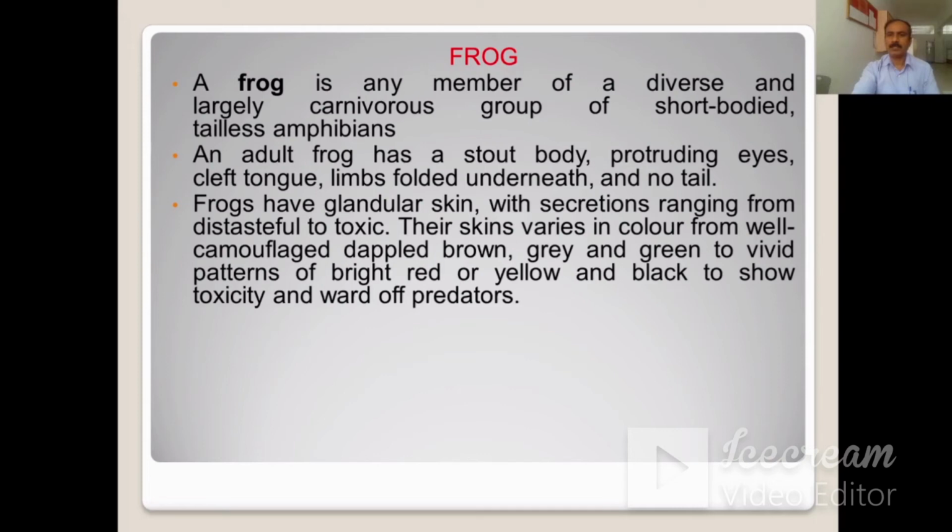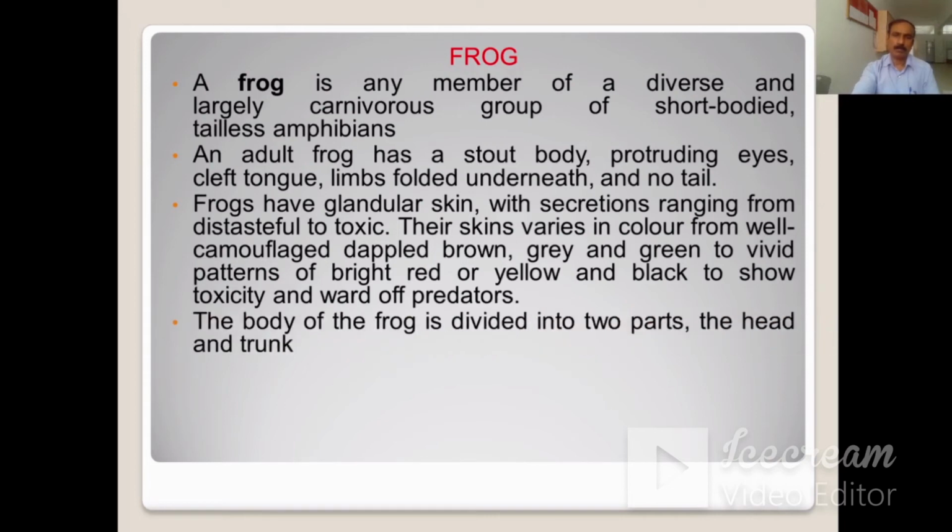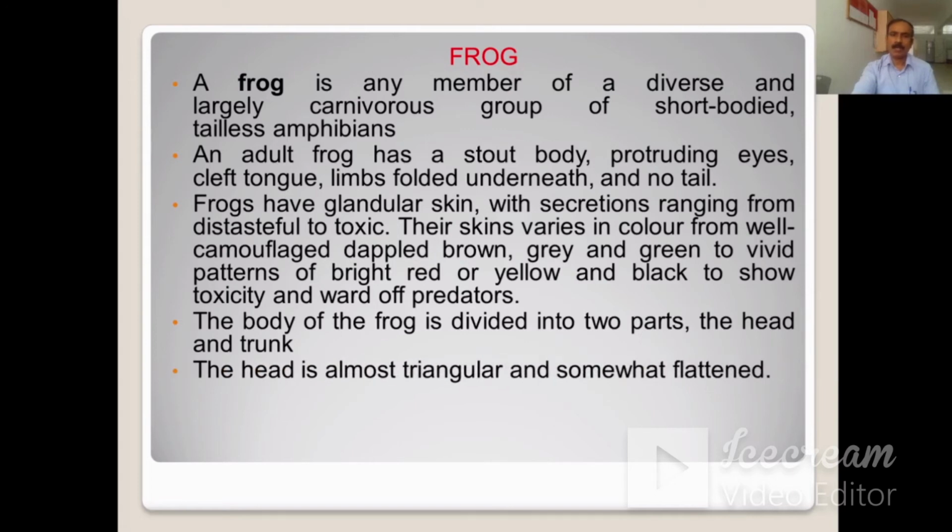Their skin varies in color from well camouflaged dappled brown, gray, and green to vivid patterns of bright red or yellow and black to show toxicity and ward off predators. The body of the frog is divided into two parts, the head and trunk. The head is almost triangular and somewhat flattened.